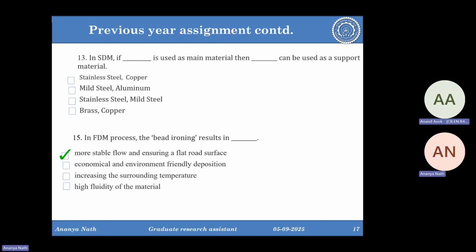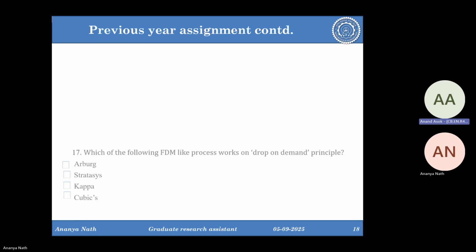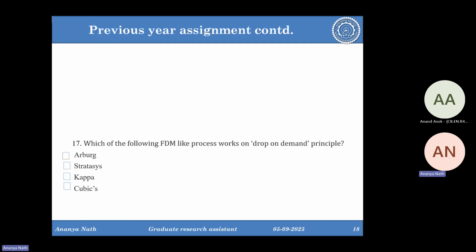In SDM, if dash is used as main material, then dash can be used as support material. Stainless steel and copper. Which of the following FDM-like process works on drop-on-demand principle? The airbag.